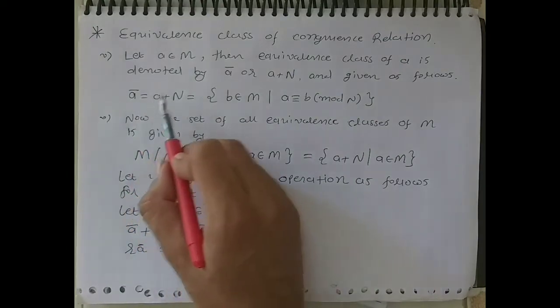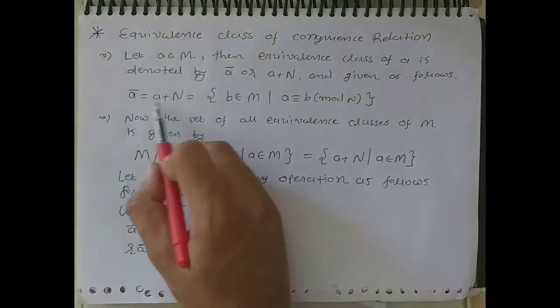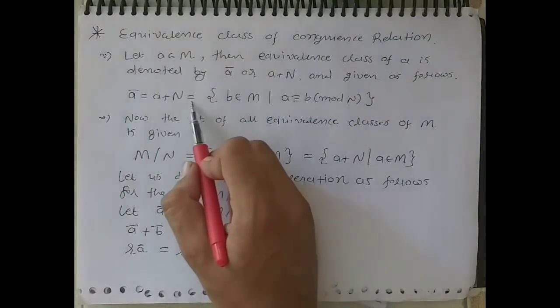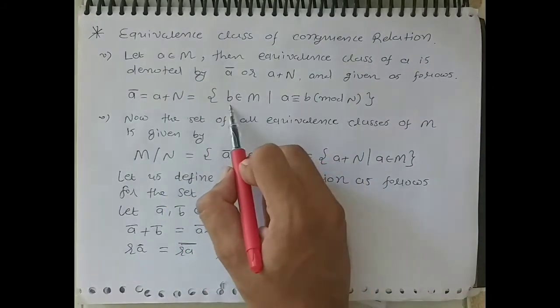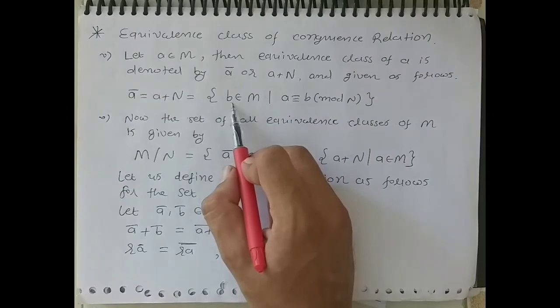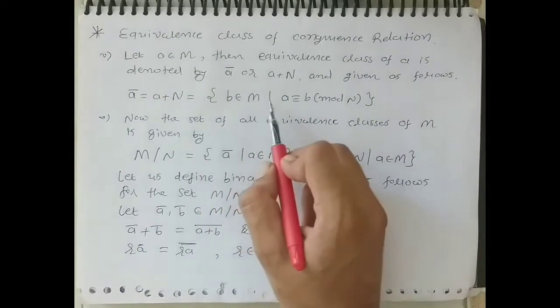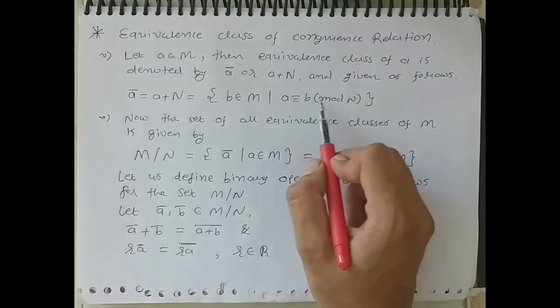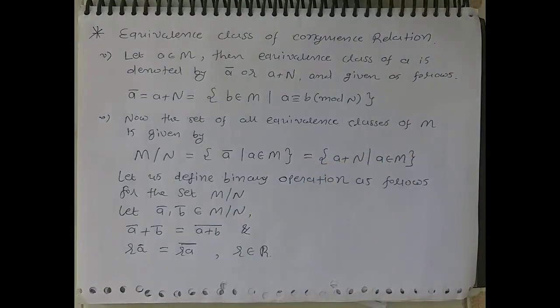A bar is equal to A plus N, these two are notations, equal to the set of all B belongs to M where A is congruent to B modulo N.